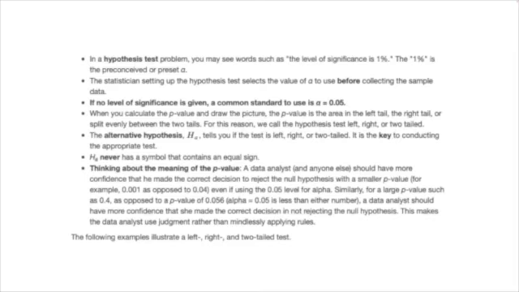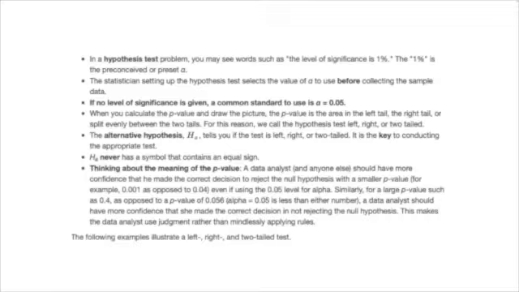The statistician setting up the hypothesis test has to pick alpha before collecting the sample data. If you are not given a level of significance, the common standard is to use a preset alpha of 5% or 0.05. When you calculate p-values, draw the picture.